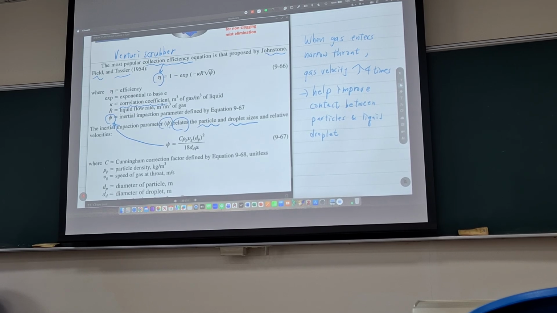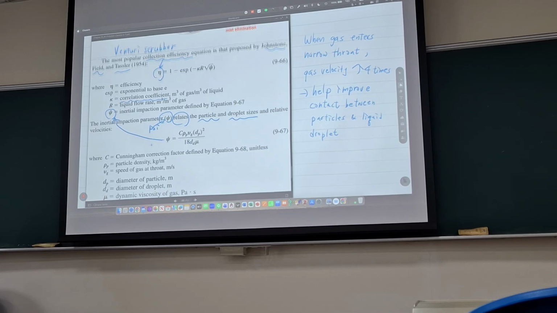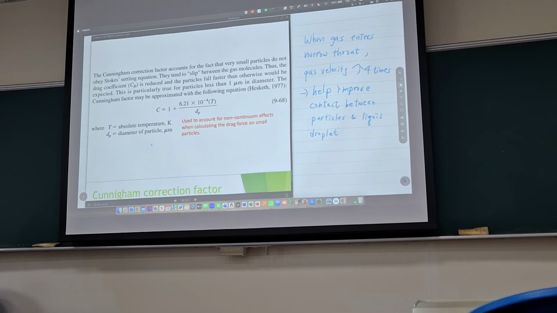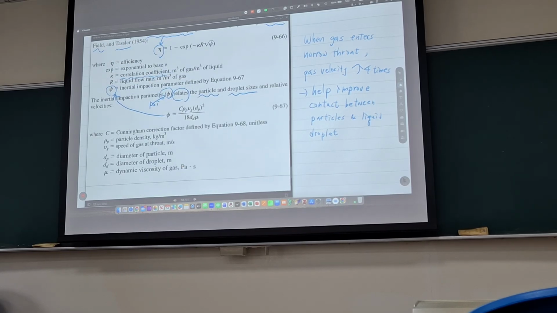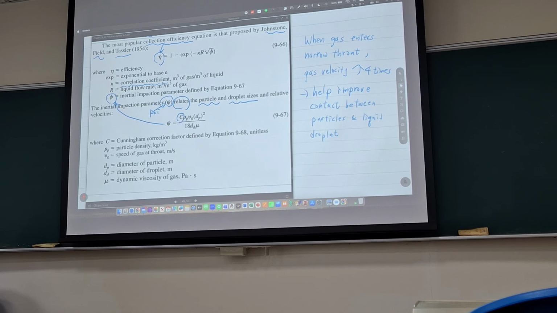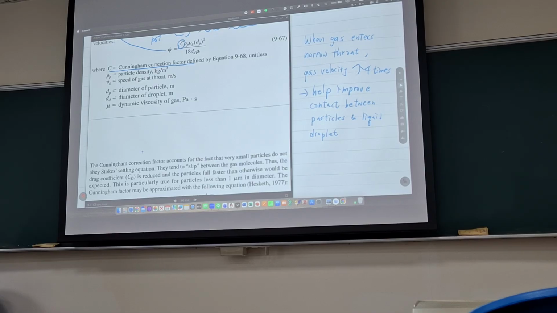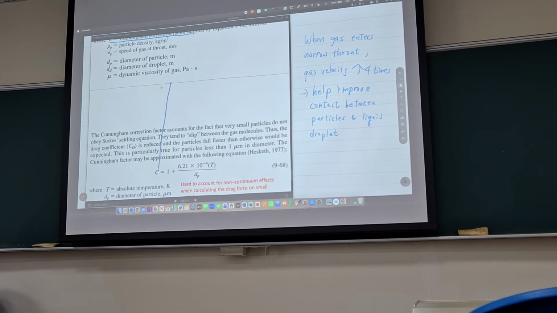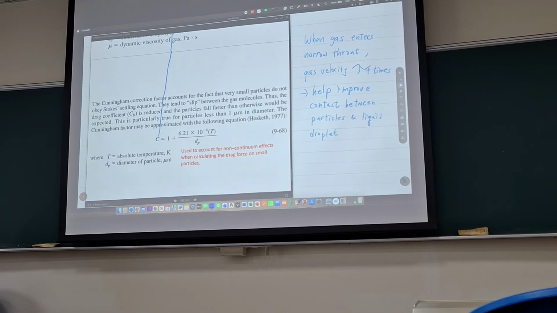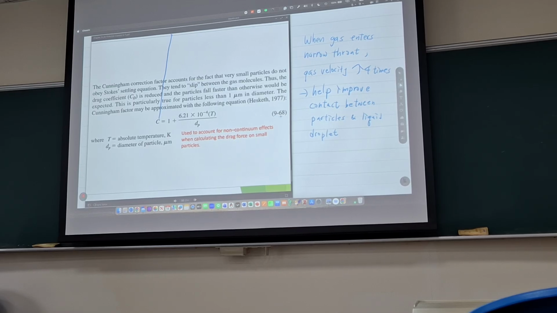This parameter is pronounced as psi. And this is C. This parameter C stands for the Cunningham correction factor, and the Cunningham correction factor is defined by the next slide, by equation 9-68.